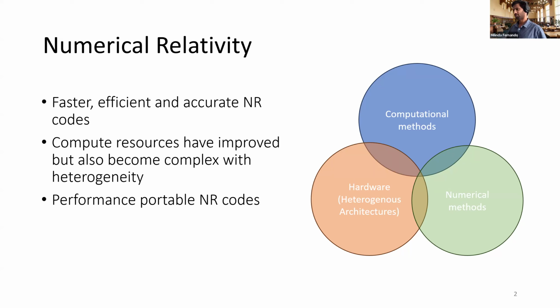And what performance portability in numerical relativity codes should look like, and how to achieve it, are important in order to do science with these codes. So in my presentation, I will focus on all these three areas, and how in each area we try to improve our Dendro-GR framework to achieve faster and more accurate numerical relativity simulations.